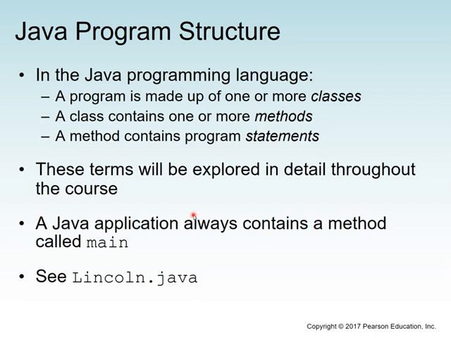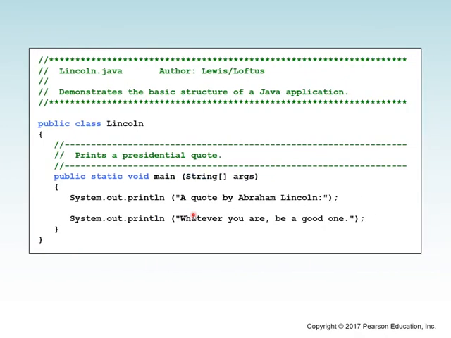A Java application, i.e. something that we will write a program to solve a problem, always contains one method called main. And this will be evident as we have a look at the Lincoln.java program as an example. So here we have a program that is going to print out a couple of statements, a quote by Abraham Lincoln.